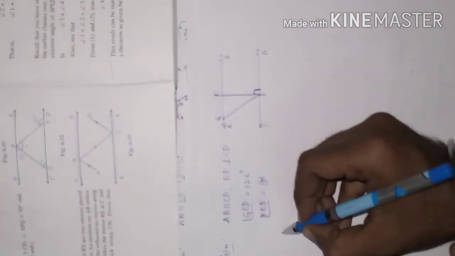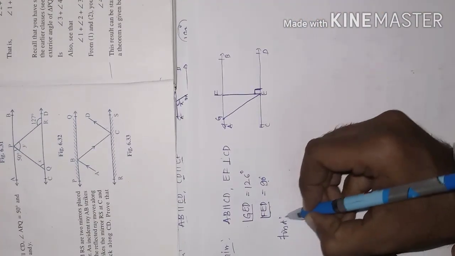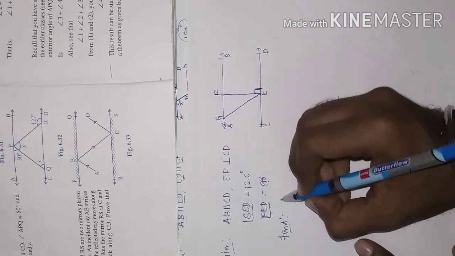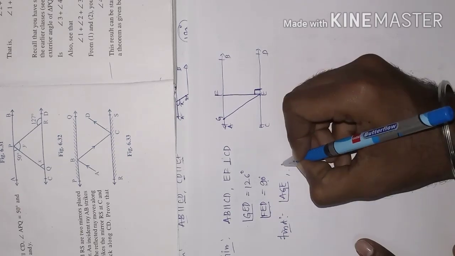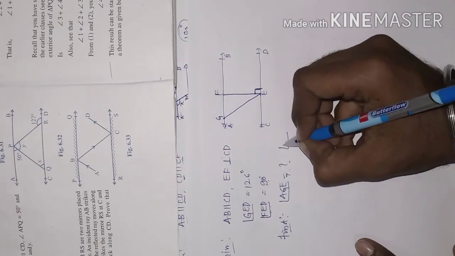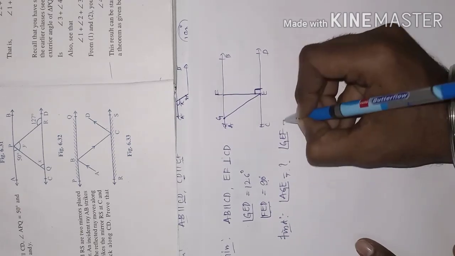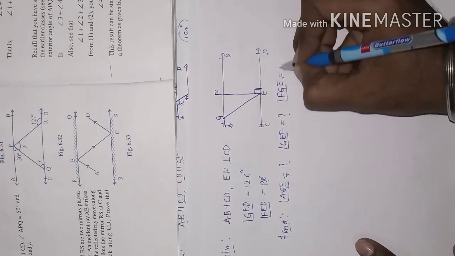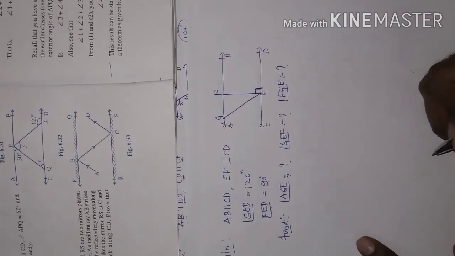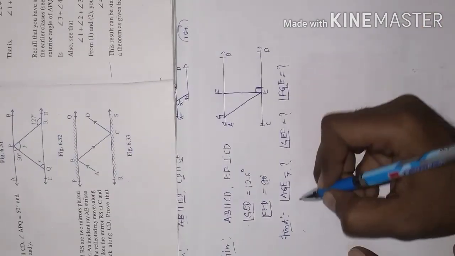Roughly, we write what we have to find. We should find angle AGE, GEF and also FGE. These three angles we should find. Now we'll continue.